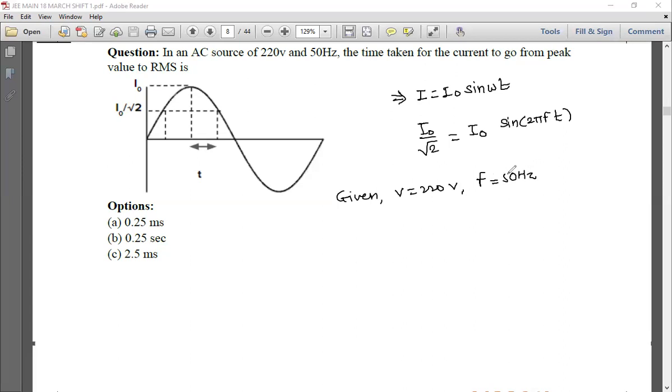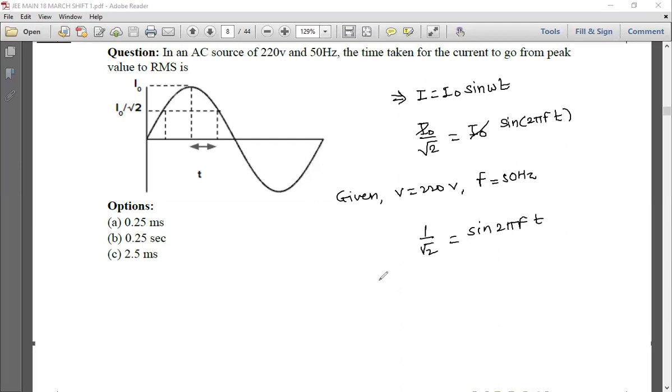Now see what we will do. First of all, I naught will get cancelled. 1 by root 2 is equal to sine 2 pi f into t. Okay.